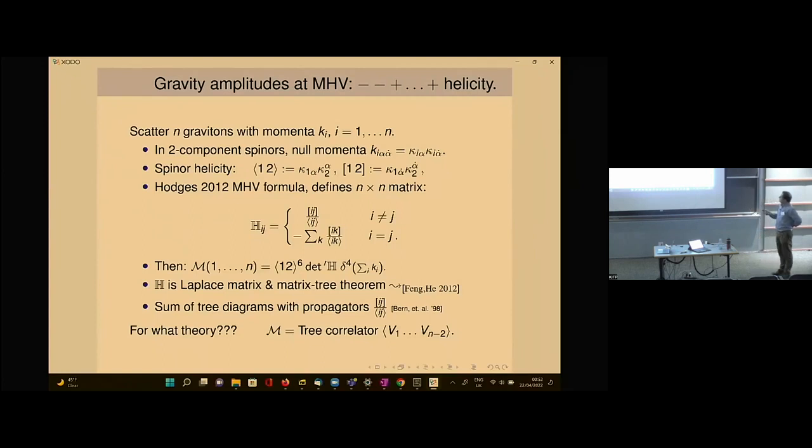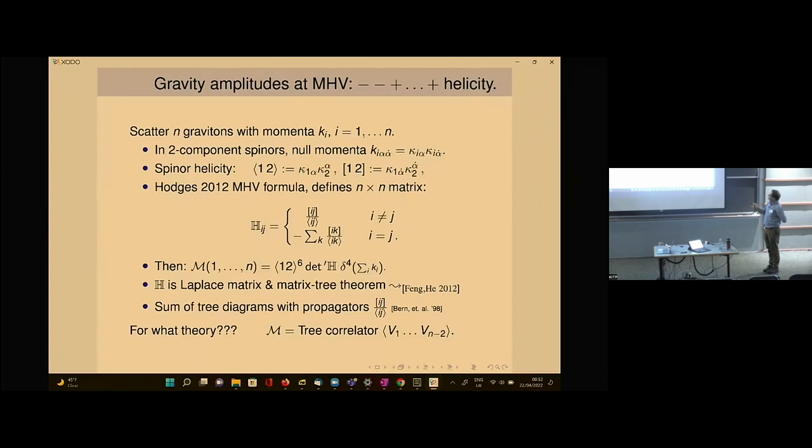And so, as is common, we can use the spinor helicity notation. So if you've got these n momenta, these are all null. And if you use spinors, you can rearrange these null momenta as 2x2 matrices. And the 2x2 matrices, if it's null, turn out to factorize. They have rank 1.